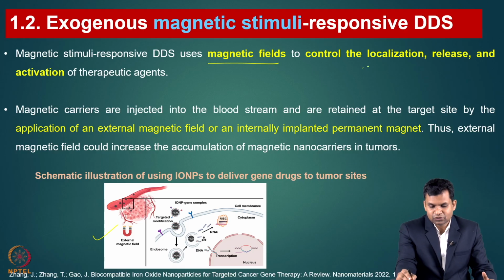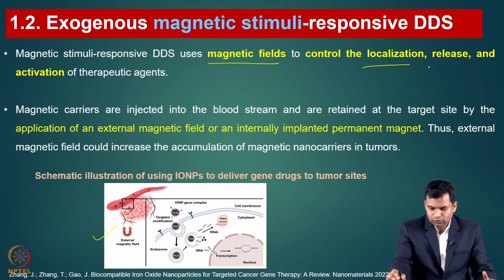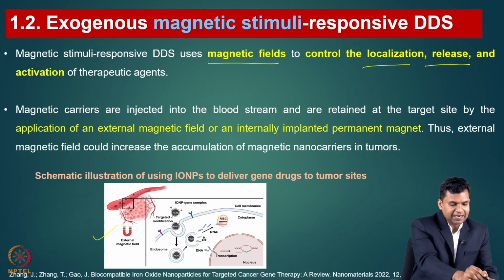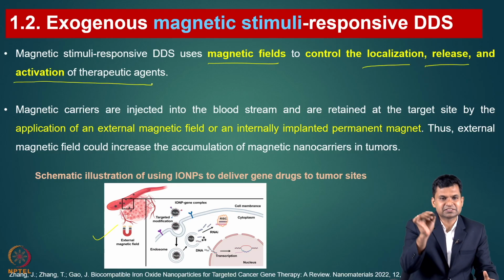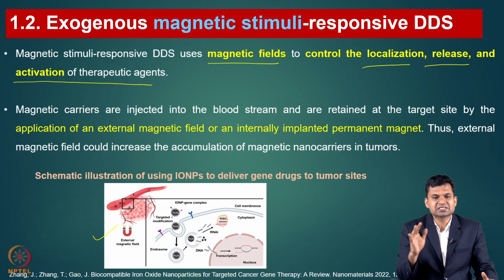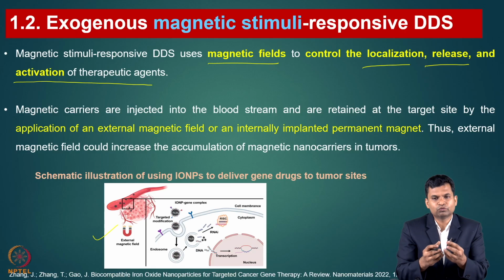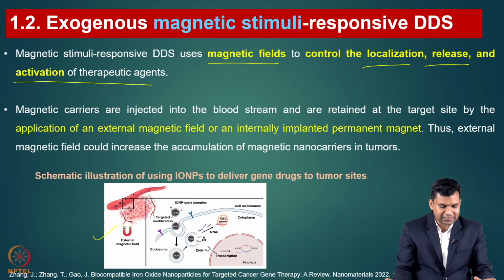With that you can expect control of the localization and also the release and activation of the therapeutic agents at that particular site. So, here it is the external stimuli. The internal stimuli will not help us for the magnetic. We have to provide the magnetic field, so your active will release at that particular site.